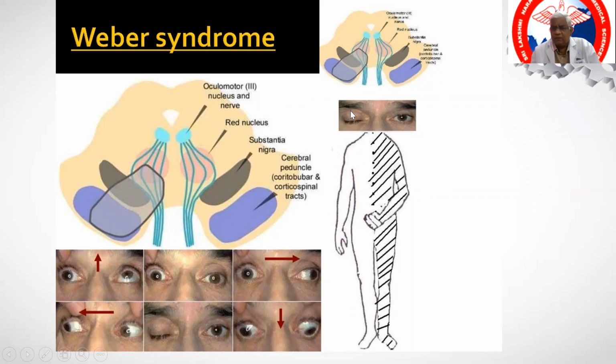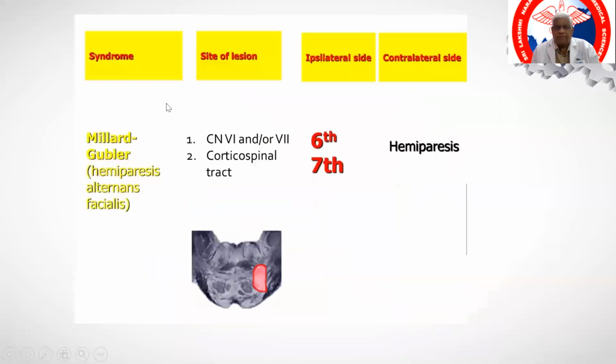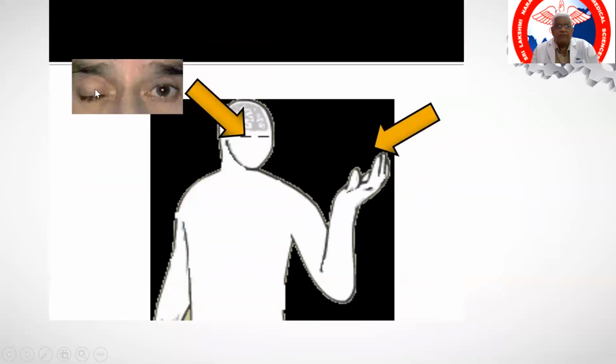Three signs: ptosis, anhidrosis, ophthalmoplegia. Same picture. This is normal, this is ptosis. So, pyramidal involvement.